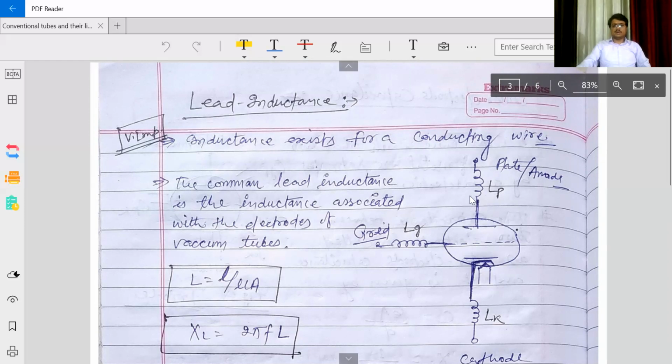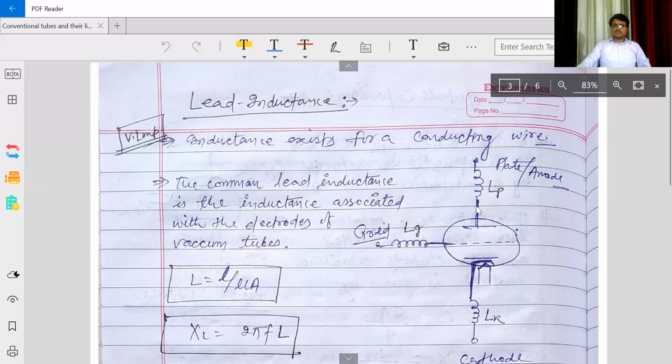For a straight wire, inductance is given by L upon mu A, where L is the length of the wire, A is the cross-sectional area of the wire, and mu is the permeability of the material of which this wire is made.